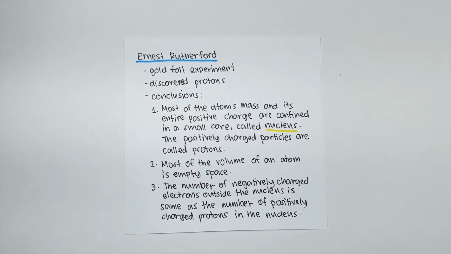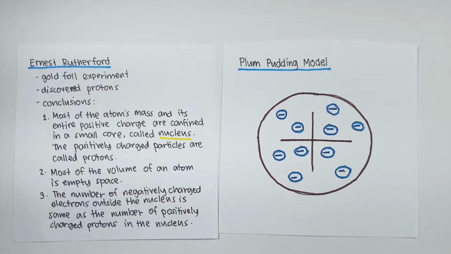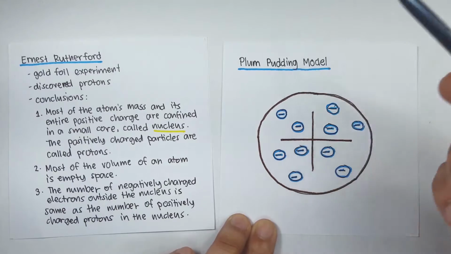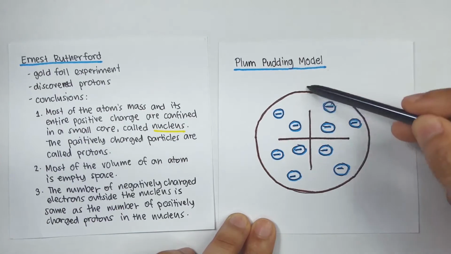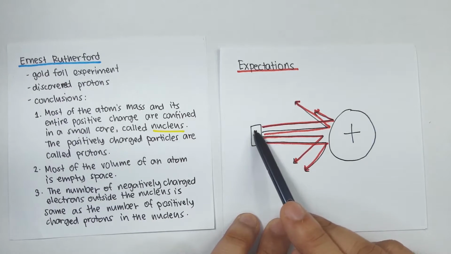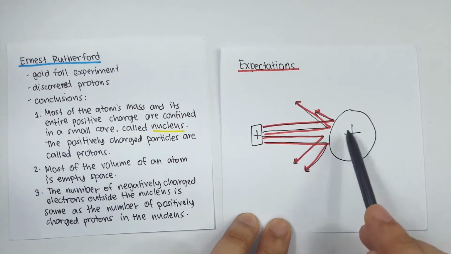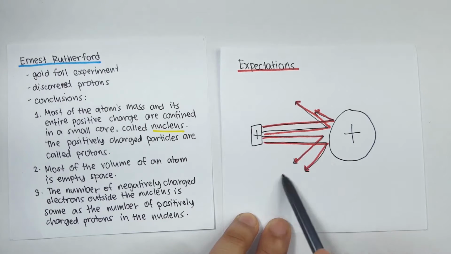And what he did is that may gold ka, tapos mag-i-emit ka ng mga alpha particles or positively charged particles dun sa gold. Now again, yung plum pudding model ay nagsasabi na ito lahat dito sa may outer part ay positive charges. So if you are to inject positive particles papunta dito, then yung expectations natin is dapat magre-repel sila kasi like charges repels.